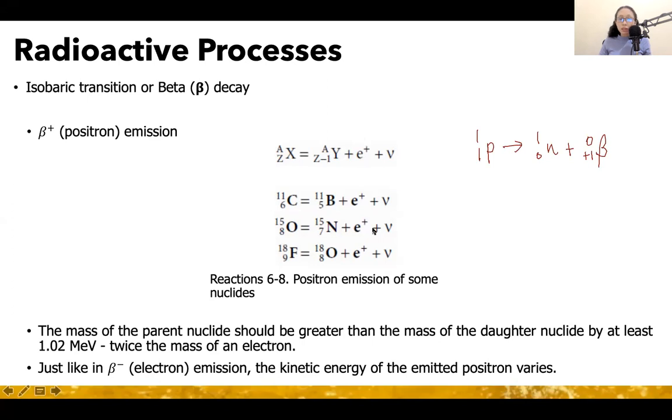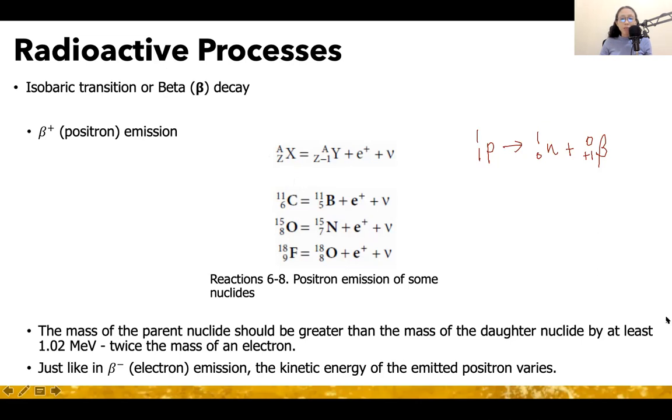It's because the mass of a nuclide includes the mass of the electrons in the orbitals associated with the nucleus. So our parent nuclide here will have the mass of Z electrons, right? Whereas in our daughter nuclide, you only have the mass of Z minus 1 electrons, right?